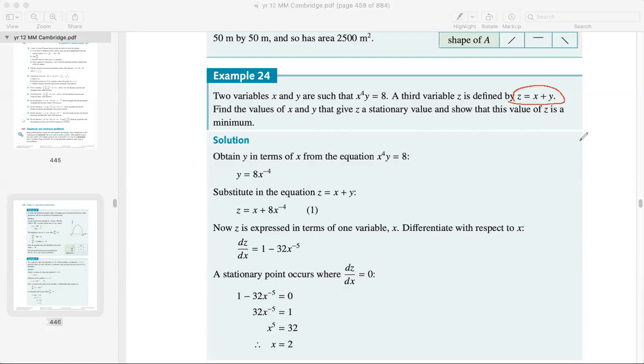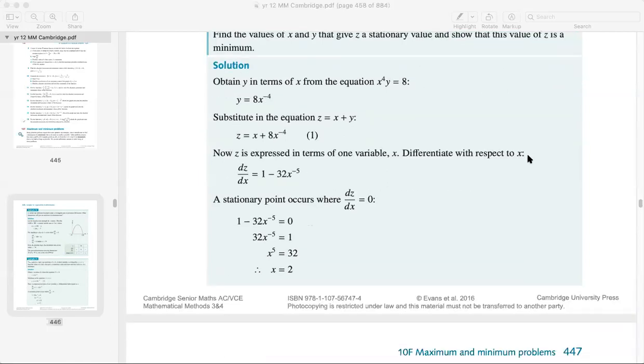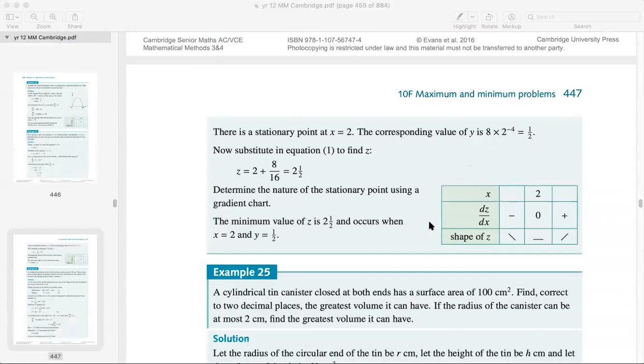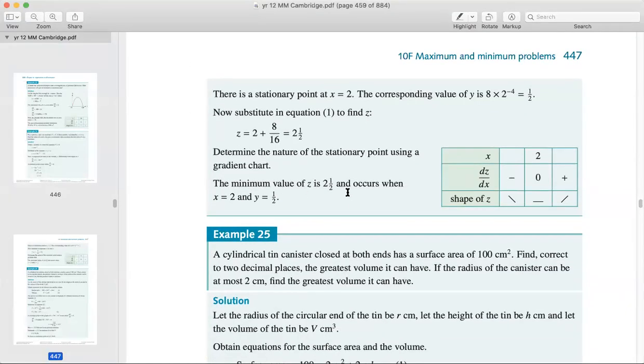So we have to convert it into one unknown, then we do the differentiation. Okay, it makes our life a bit easier. After the calculation, we get x equals 2, then I plug back to get my y value, and I can get my minimum value in such a case.